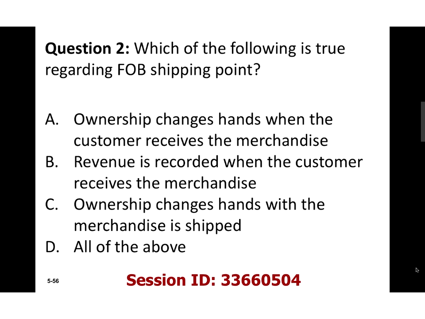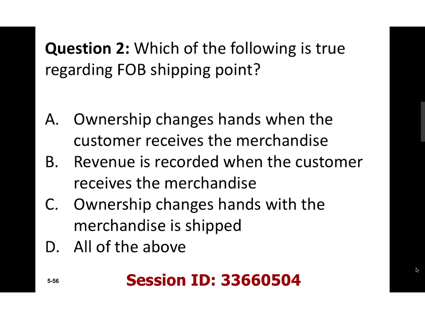When we look at answer A, ownership changes hands when the customer receives the merchandise. FOB shipping point means we recognize revenue when the goods leave the shipper's dock. It has nothing to do with when the customer gets it. So it can't be A. Revenue is recorded when the customer receives the merchandise, again, it has nothing to do with that.